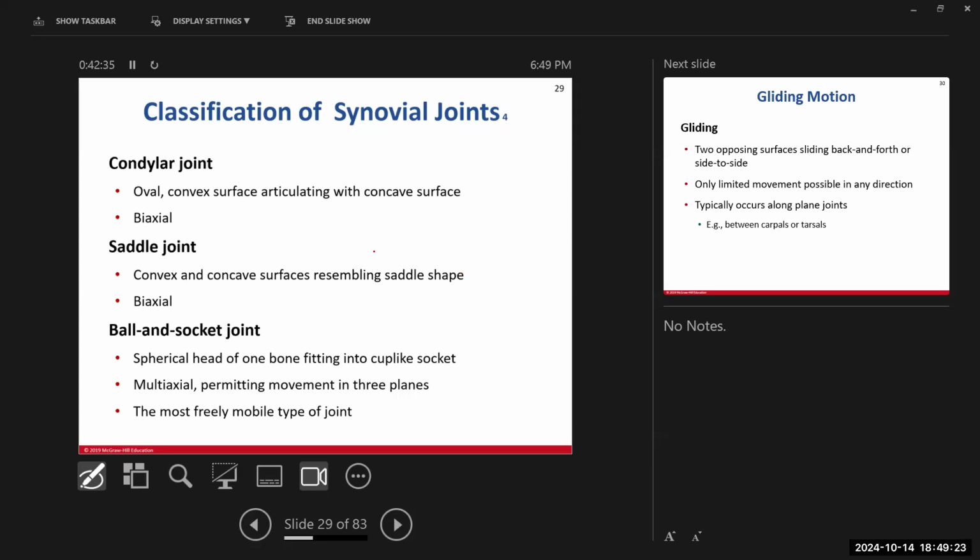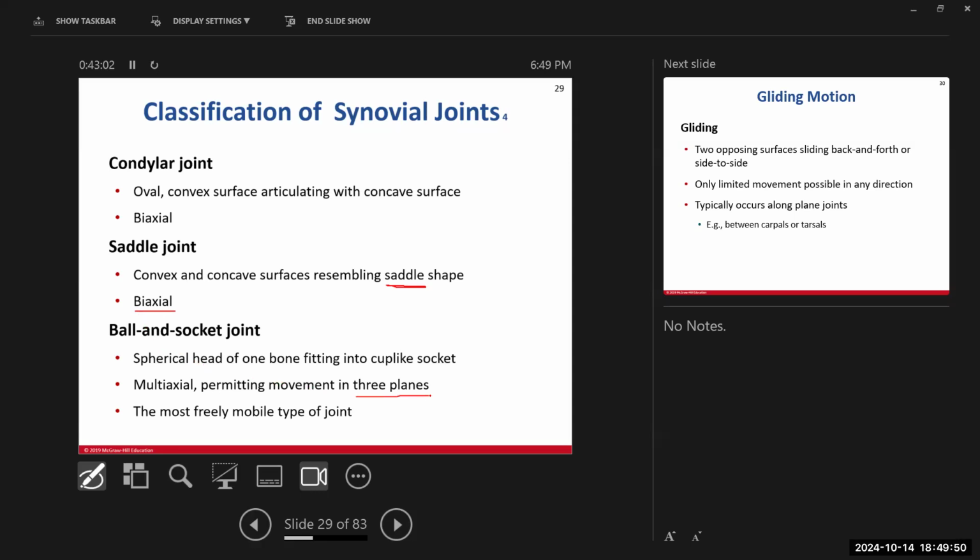Saddle joint, convex and concave surfaces again, but this time, if you've ever ridden a horse, it will look like a saddle. The nice thing about these types of joints is that they're biaxial, can move in more than one plane or axis of movement. And then finally, we have the ball and socket. These are the most mobile type of joint. They can move in all of the planes or axes. And just the name tells you exactly what it looks like.